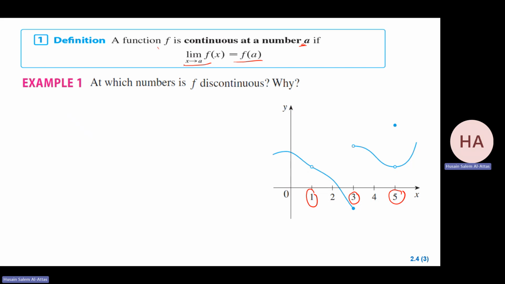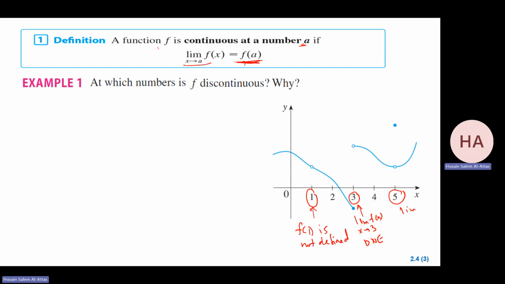Here, why is it discontinuous? Because f of 1 is not defined. So these conditions were not satisfied. For 3, very clear, the limit as x goes to 3 does not exist because left is not equal to right. What about at 5?